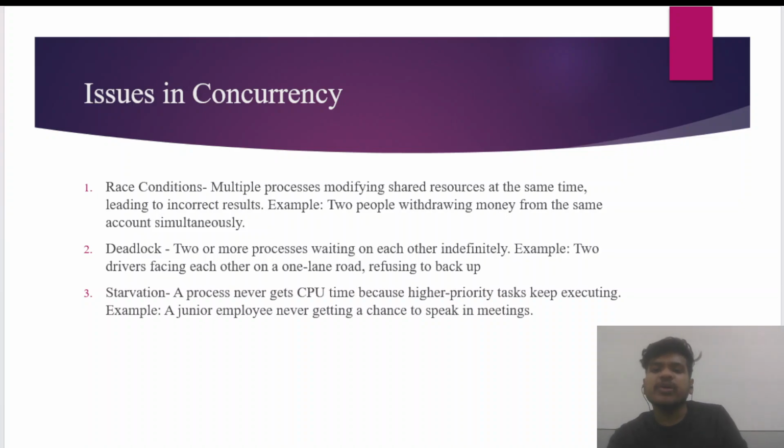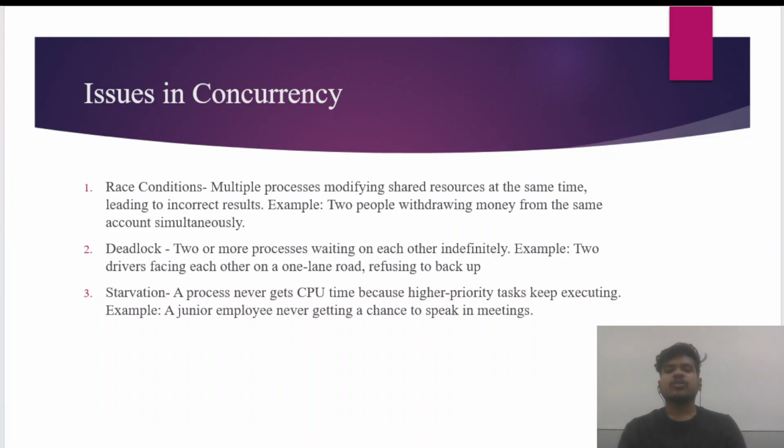Because seniors always dominate the discussion. So that is starvation. But to handle these problems, as always, if there are problems, there will be solutions. We have synchronization mechanisms like semaphore and mutex. We will explore those in another video.